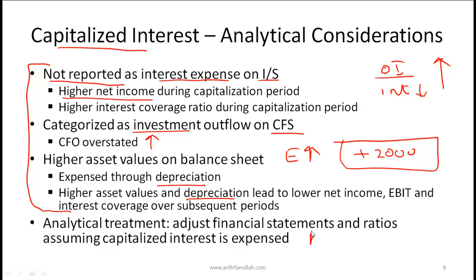So you should adjust your assets, your equity, your income assuming that the capitalized interest is actually expensed. So that will give you a more realistic picture of what is going on. So essentially what is being advised here is that you undo the impact of capitalized interest and then see what happens to assets, equity, and profit numbers, as well as various relevant ratios.